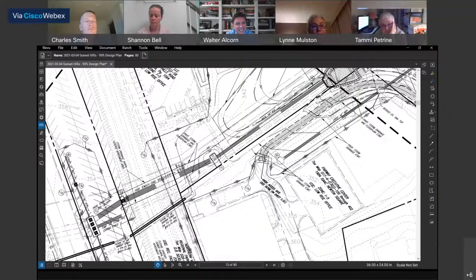The common practice from an engineering perspective is to build a big, huge box culvert, a basin underneath the VDOT lot, and put a smaller pipe. So you have a big enough culvert to hold the water and then drain it through a smaller pipe through the existing structure.